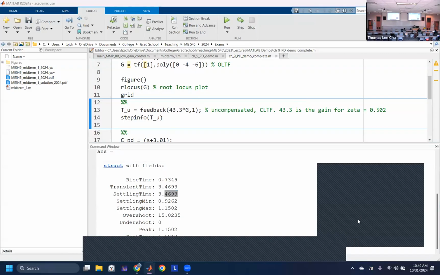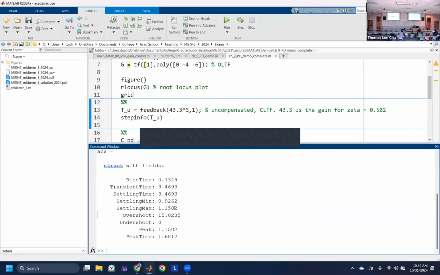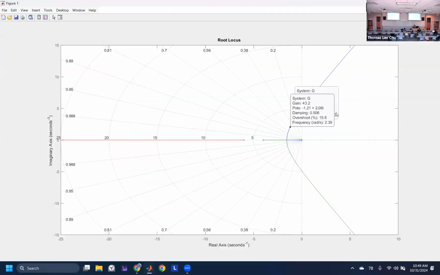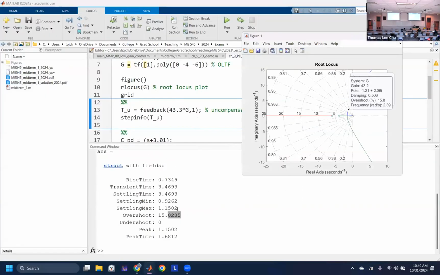Let me minimize this. Settling, max, and percent overshoot. So we said 15, it was 15.8 based off the root locus right here, 15.8%. But in reality, it's actually 15%. It's a little bit lower overshoot.